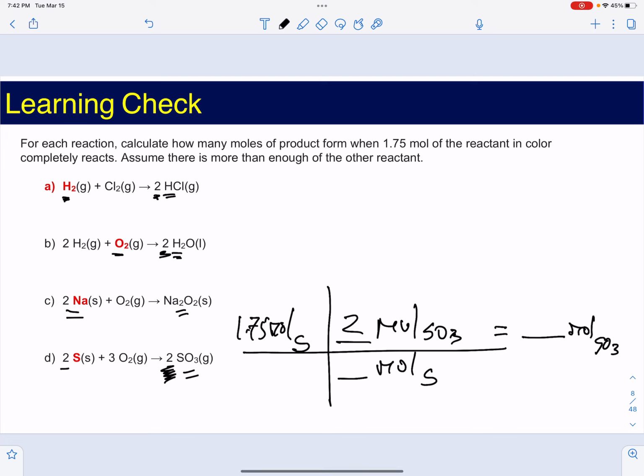Moles of sulfur is going to be 2. So this is going to be 1.75 moles of sulfur trioxide, because the sulfur is 2 to the sulfur trioxide, which is 2 as well. So that's how we do the mole to mole ratio calculation, by using the coefficients we find on the balanced equation and by setting up the train track the way you learned how to do it.